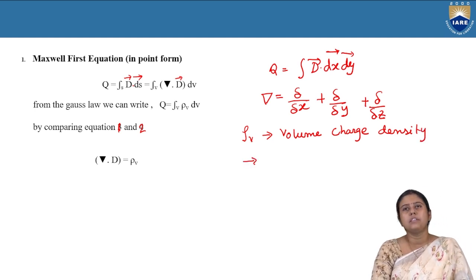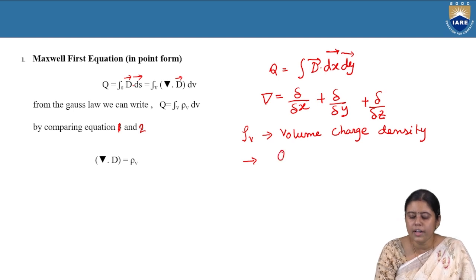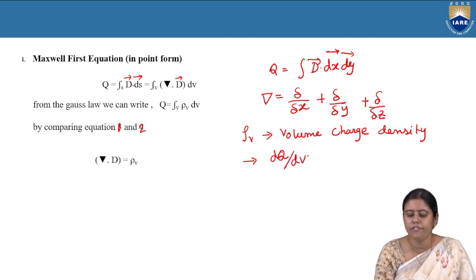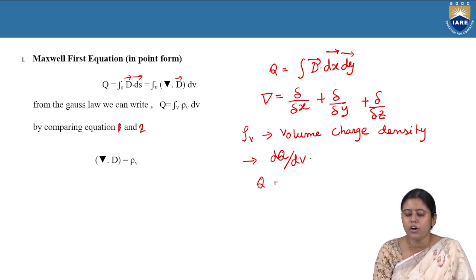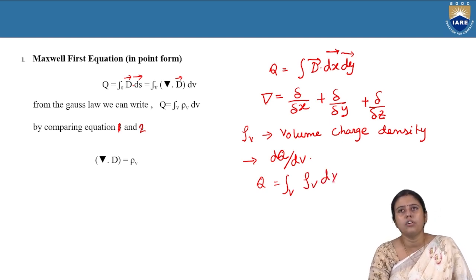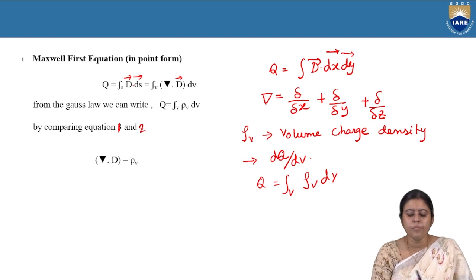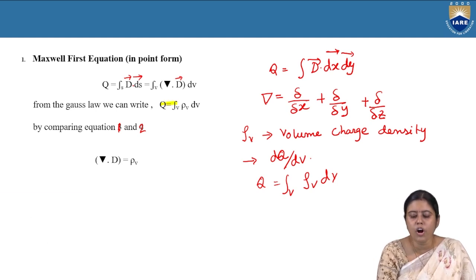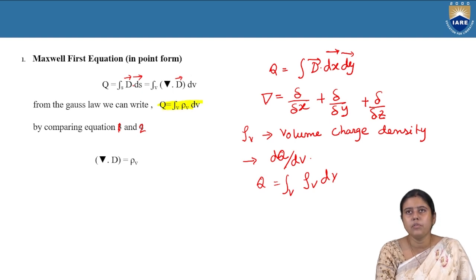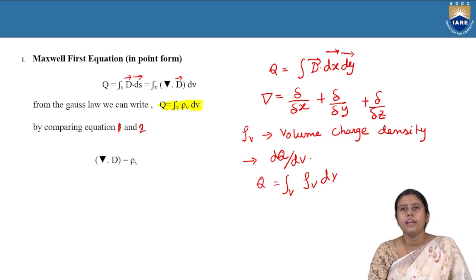Rho v can be written as the total charge by total volume, dq by dv. So what is the value of Q? Q is equal to the volume integration of rho v dv. And we got this here, that Q is equal to the integration of grad dot D dv.